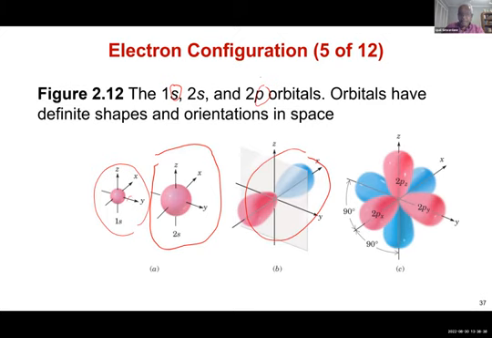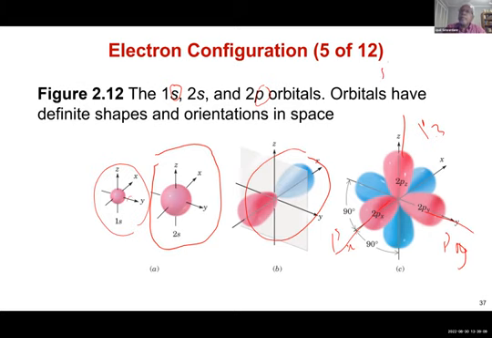But this p shape has three wave shapes. The first one is along the x axis right here, px. Along this one, py. Along this axis, pz. So there are three p orbitals.